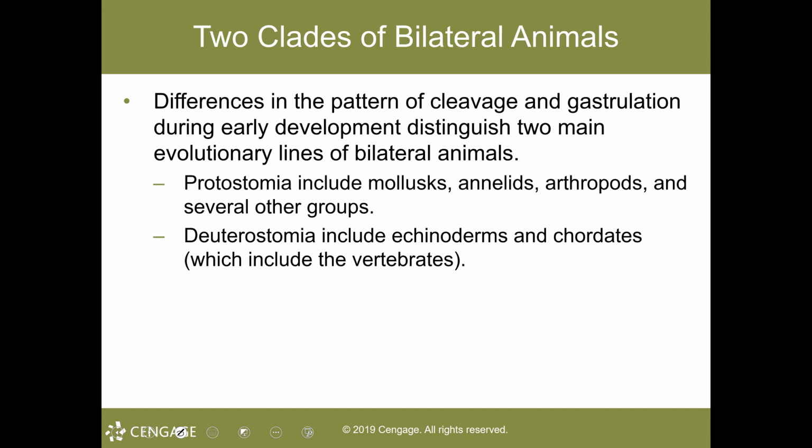So with this, bilateral animals form 2 main clades based on differences in development. I'm going back a bit, class, to those cells of the blastula. As they undergo gastrulation during cleavage of the embryo, we get these 2 main clades, the Protostomes and Deuterostomes. You all will be tasked with listing, of course, phyla that are included in each of those 2 main clades. So listed for you, class, are them.